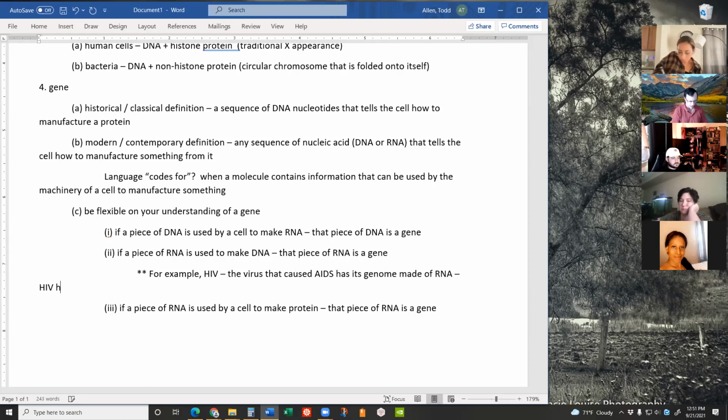So HIV has genes that are made of RNA. A typical cell, like the kind of cells we find in our own body, whether it's a human cell or a bacterial cell, you're going to find DNA, and DNA is going to have lots of genes in it. But to be flexible with how life exists on our entire planet, we can't ignore some of the more important exceptions to that, such as viruses.